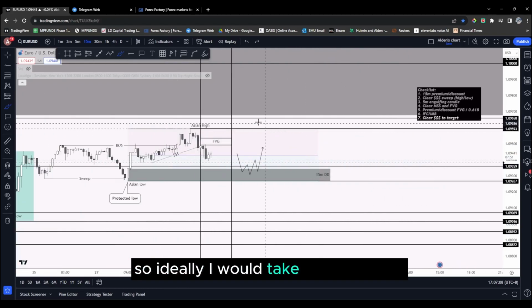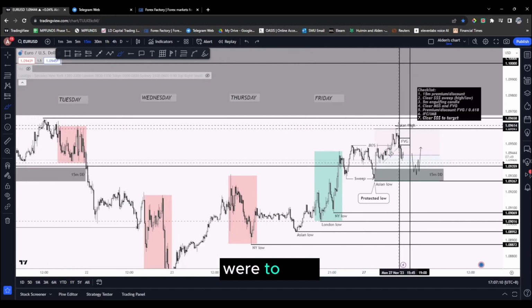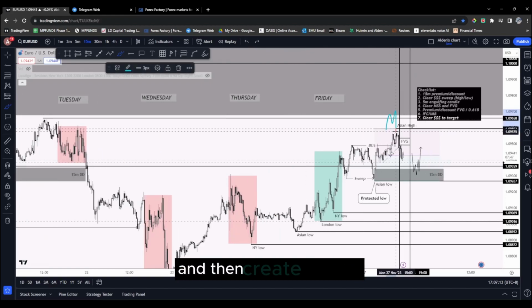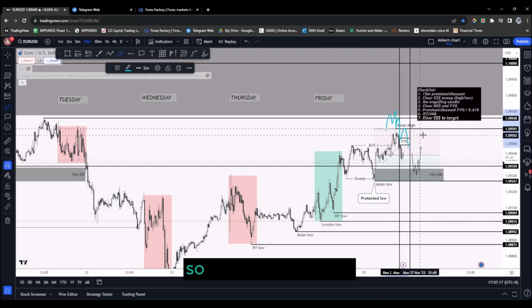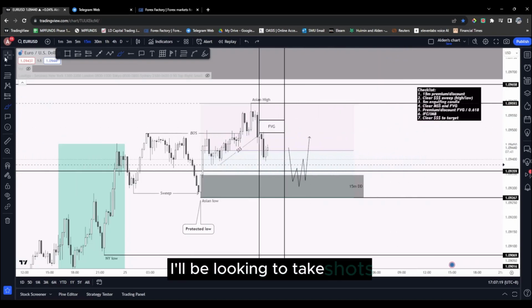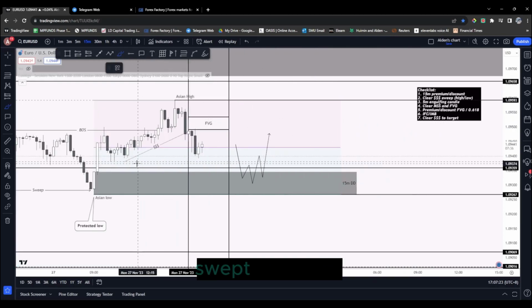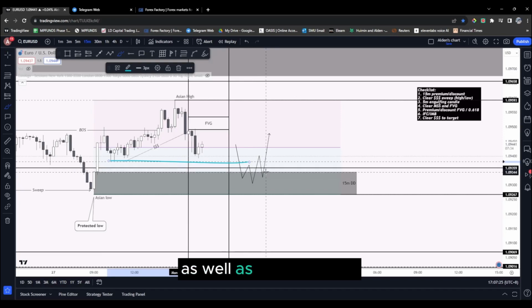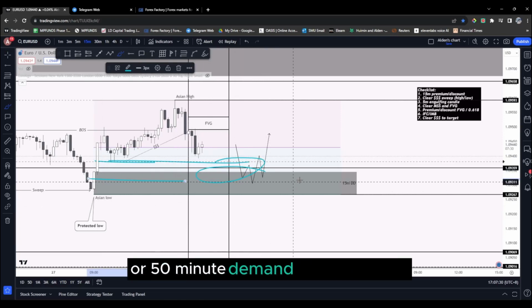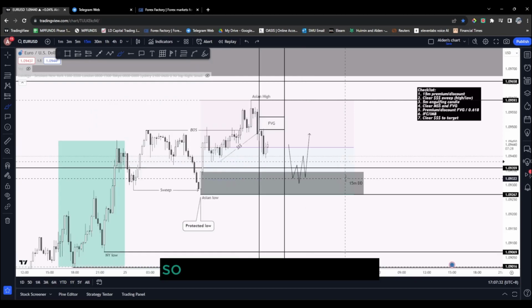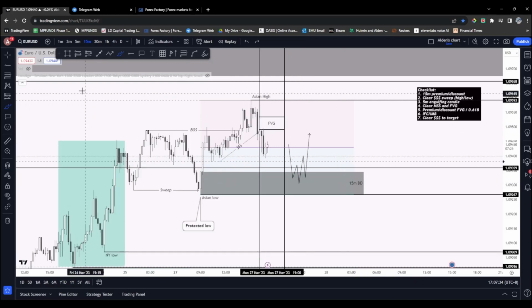So ideally I would take shorts if price were to take out this high right here and then create a strong bearish confirmation. That's the only scenario I'll be looking to take shorts. Otherwise I'll be looking to take longs after price has swept this liquidity as well as mitigated this fair value gap or 15-minute demand zone right here. So yeah, that's pretty much it.